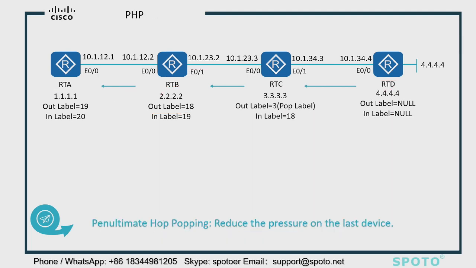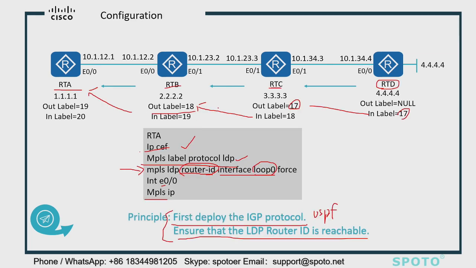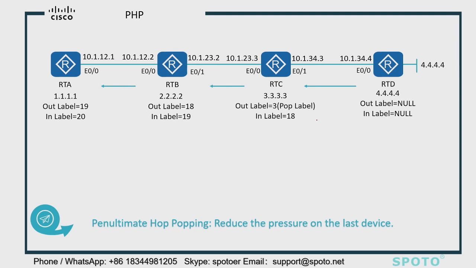But if you finish configuring the LDP protocol, when you try to check the MPLS forwarding table, you will find the difference here. The real network is not like this one. It will look like this one. And we will find here when RTA tries to visit RTD's network segment, RTA will send the packet to RTD here.